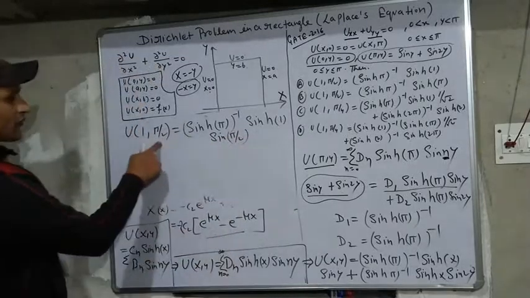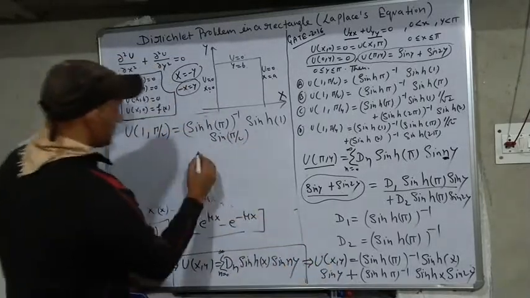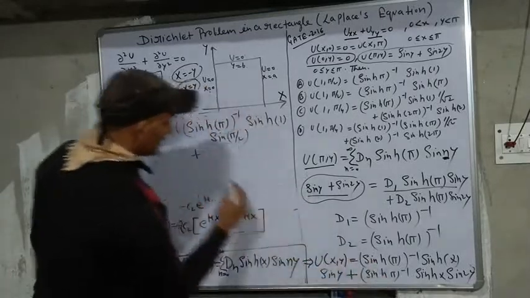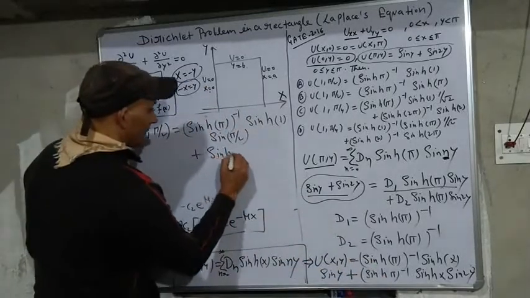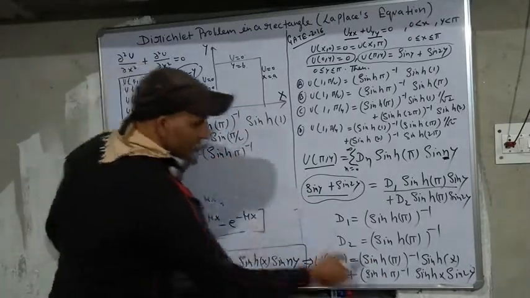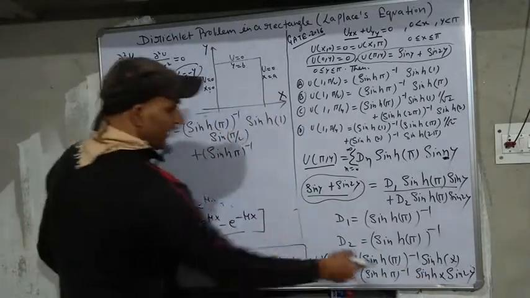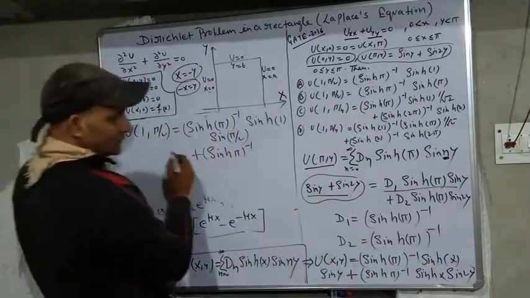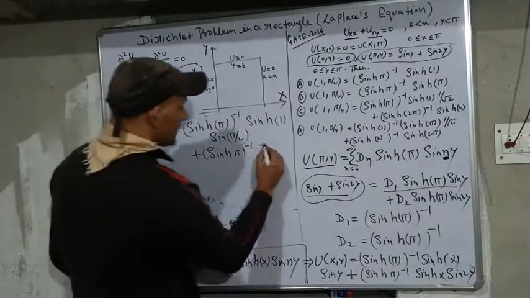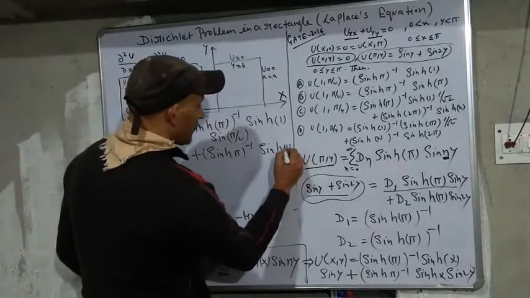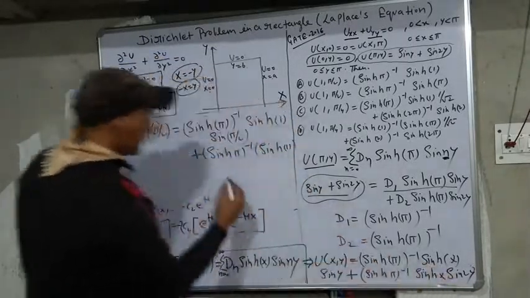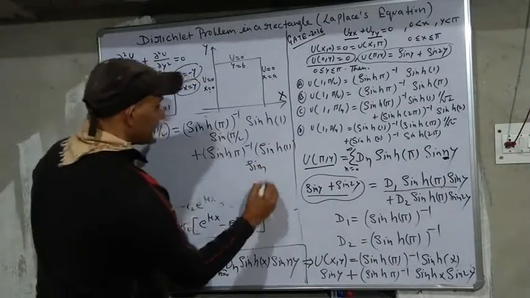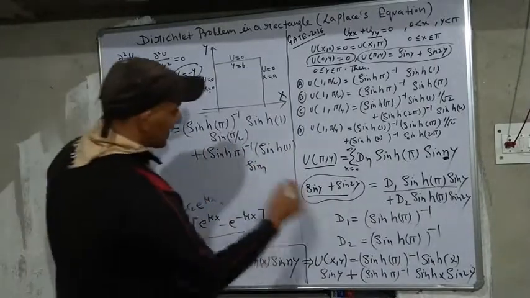In place of y you put pi by 2, plus sine hyperbolic pi inverse and sine hyperbolic x, which means sine hyperbolic 1, then sine 2y, and y is equal to pi by 2 means sine pi.